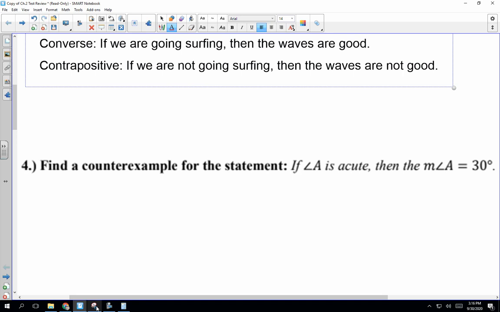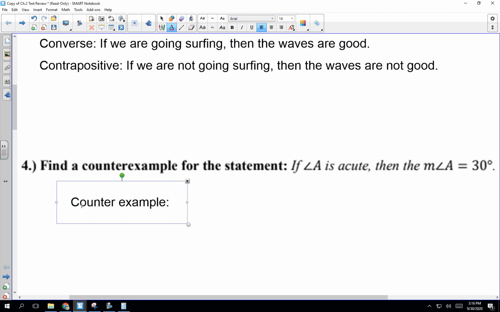So my counterexample is going to be, how about the measure of angle A is equal to 20 degrees. There we go. It's acute and not equal to 30 degrees.